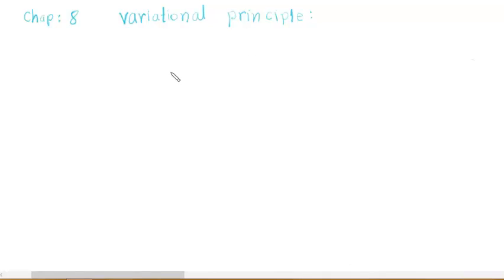Okay, by the variational principle method of approximations we estimate the ground state energy, or we can find the ground state energy for a system for which we know the Hamiltonian.